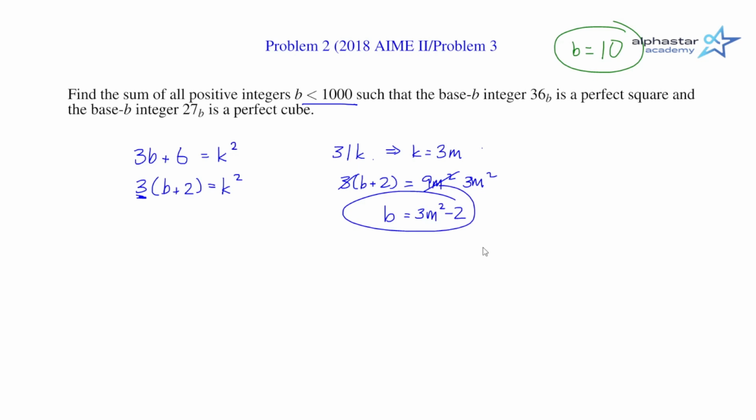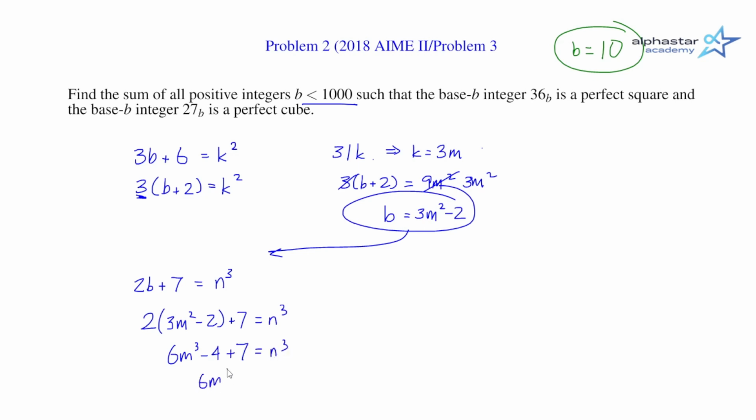Now let's substitute that into the second equation, where 2b plus 7 is a perfect cube. Let's say that's n cubed. We get 2 times (3m squared minus 2) plus 7 equals n cubed. 6m squared minus 4 plus 7 equals n cubed. 6m squared plus 3 equals n cubed, which once again, on the left, we have a multiple of 3.